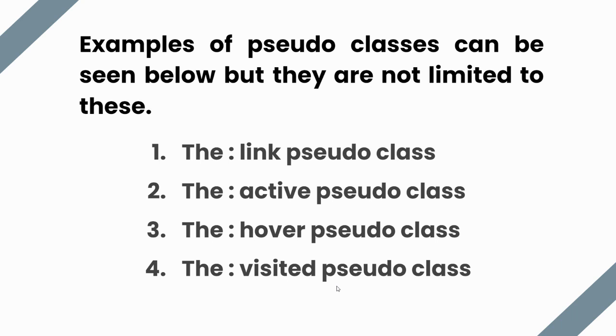So if you try doing this on another element, it won't work. So here we have the list of pseudo classes that only work for the anchor tag, that's the A tag. And as we all know, the anchor tag is the tag you use to link, to actually direct yourself to another part of the entire HTML document or to an external source.